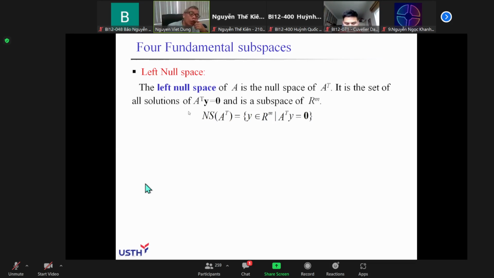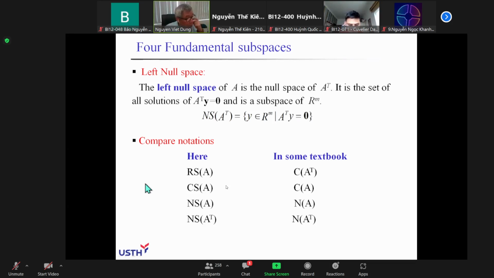And its solutions make a subspace of R^m. We denote it by NS of A^T. That is the set of all Y belonging to R^m so that A transpose multiplied by Y equals 0. So far we have defined 4 fundamental subspaces.